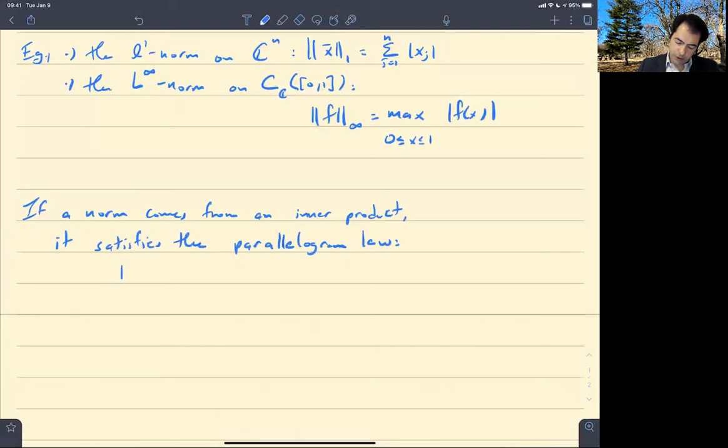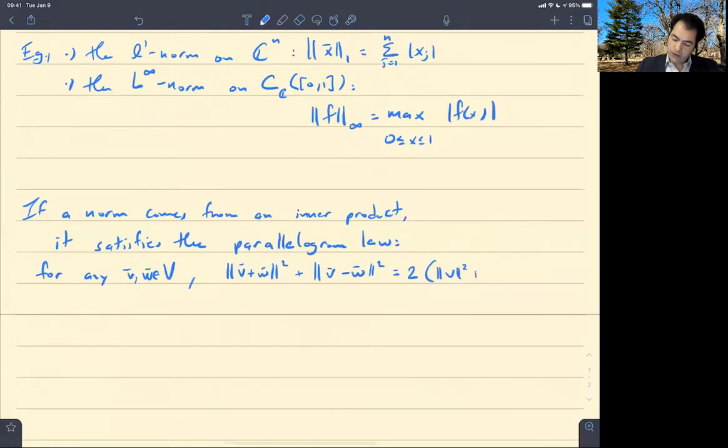The parallelogram law says that for any two vectors, the norm of v plus w squared plus the norm of v minus w squared is equal to 2 times the norm of v squared plus the norm of w squared.